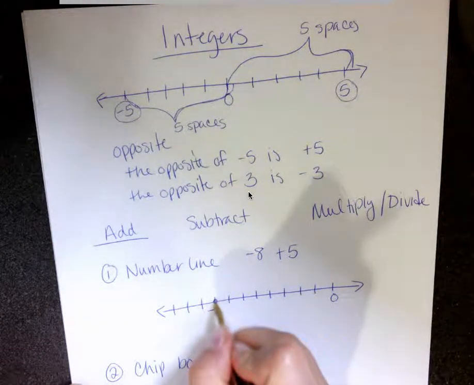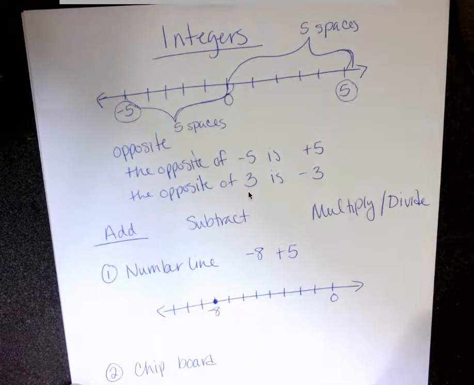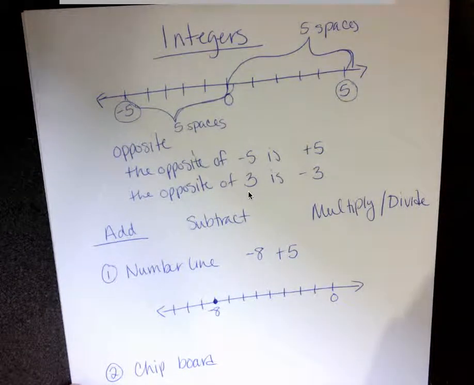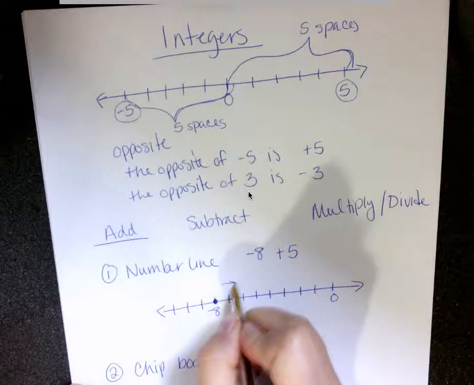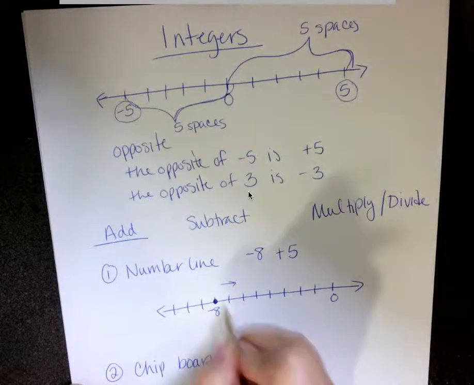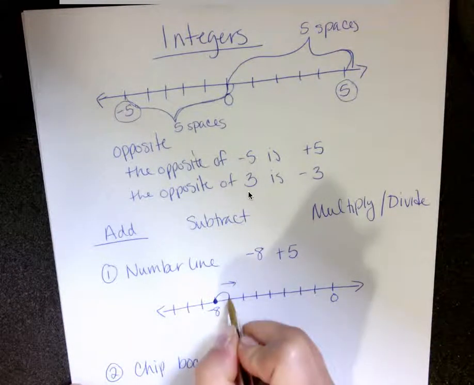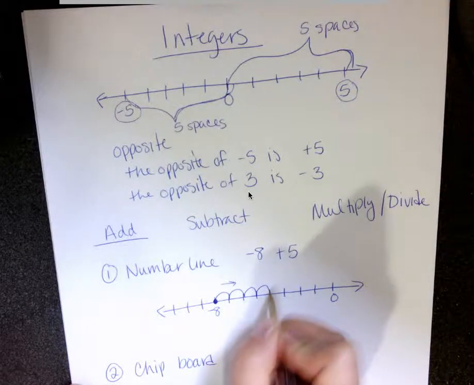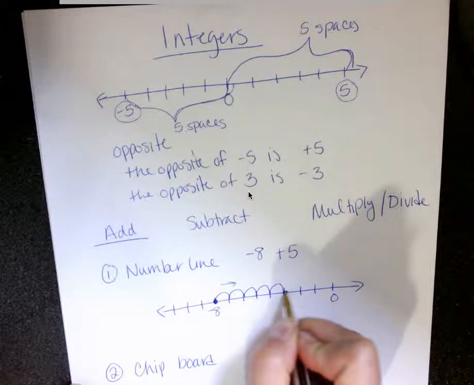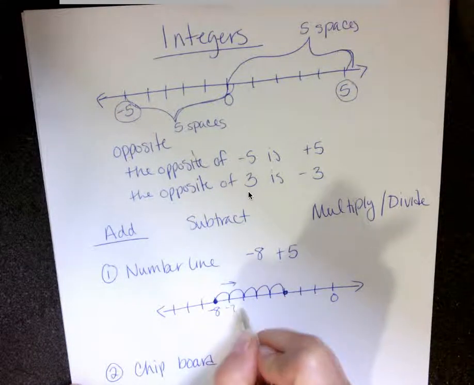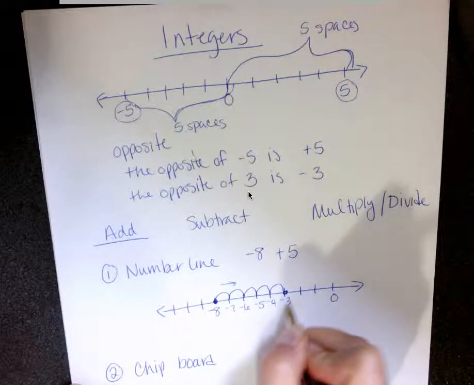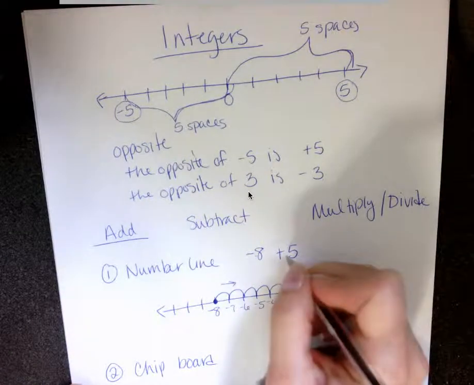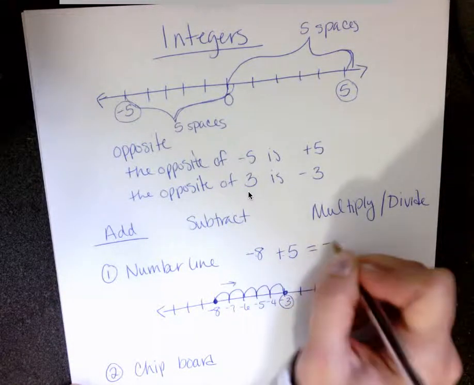So I start here at -8, and I'm going to add 5 to it, 5 positive numbers. So if I'm moving positive, I'm going to be moving to the right, okay? So I move to the right 5 places. 1, 2, 3, 4, 5. And what do I land on? This would be -7, -6, -5, -4, -3. -8 plus 5 is -3.